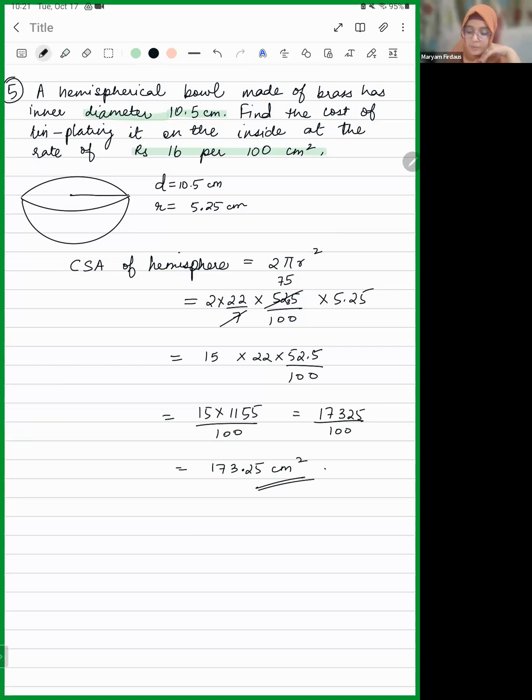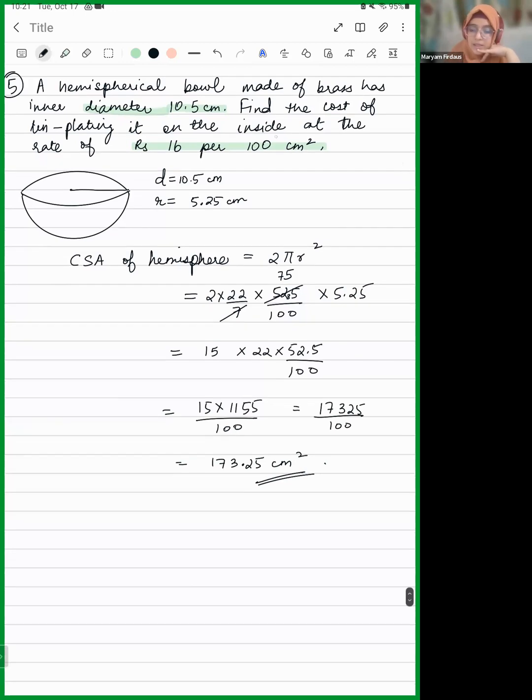Now what do we have to do? We have to find the cost of tin plating it on the inside at the rate of this. So for 100 centimeters square, it costs rupees 16. It's given in the question.